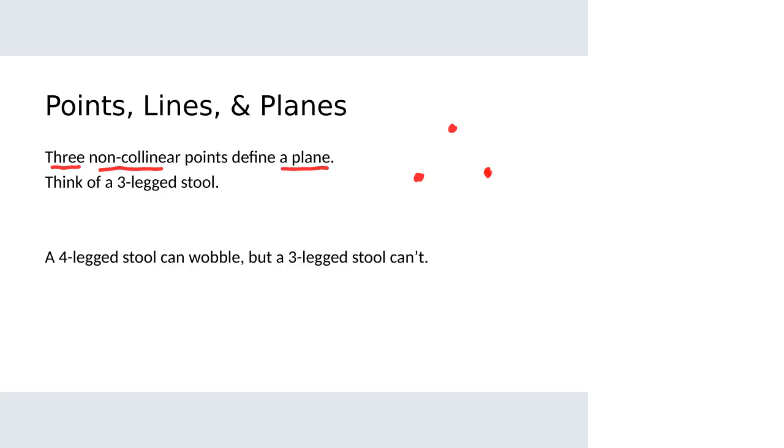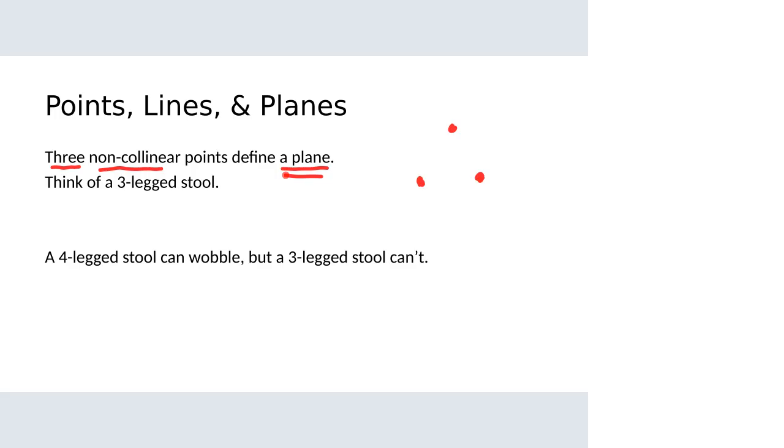When I had only 2 points a couple minutes ago, I could get an infinite number of planes that go through there. But now instead of having 2 points, we're going to have 3 points. That defines a plane. There's only one plane that can go through all 3 of those points.